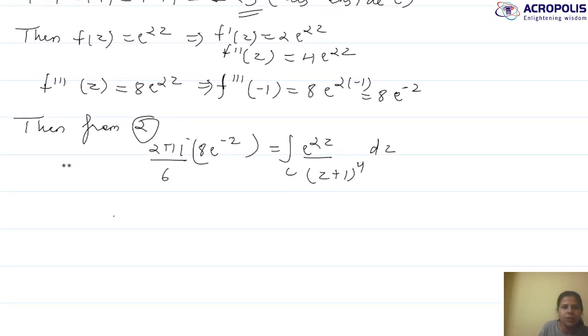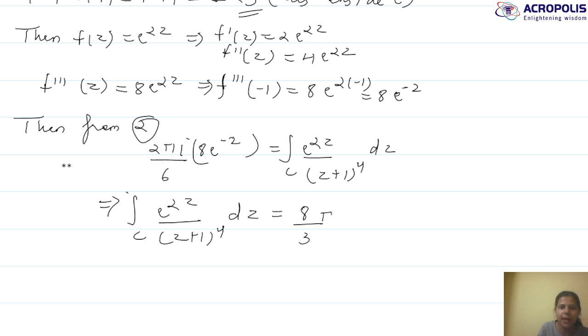So the answer is: the integration along C of e^(2z) over (z plus 1)^4 dz equals 8 by 3 πi e^(-2). That is the answer.